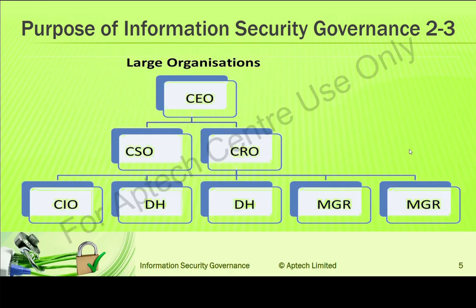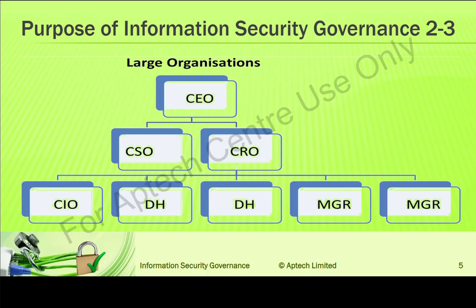Now, let's look at the larger organization. We have from the CEO, Chief Executive Officer, to the CSO, Chief Security Officer, Chief Risk Officer, and the CIO, Chief Information Officer. We also have DH, department head, for the CRO and the CIO also. Then we have a mid general manager and another mid general manager.